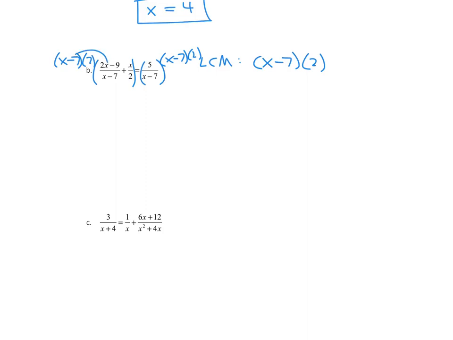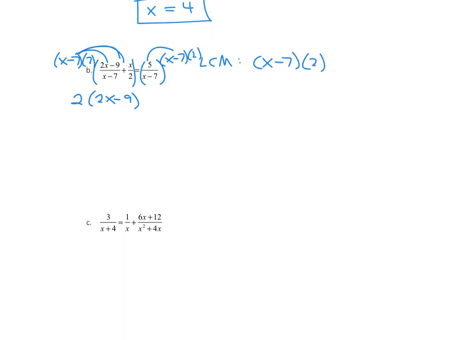And again, we have to distribute that to all the fractions. So in the first one, on the left, when I multiply, the x minus 7s are going to cancel, but the 2 won't, and I'll get 2 times the quantity 2x minus 9. When I multiply times the x over 2, the 2 will cancel, and the x minus 7 won't.